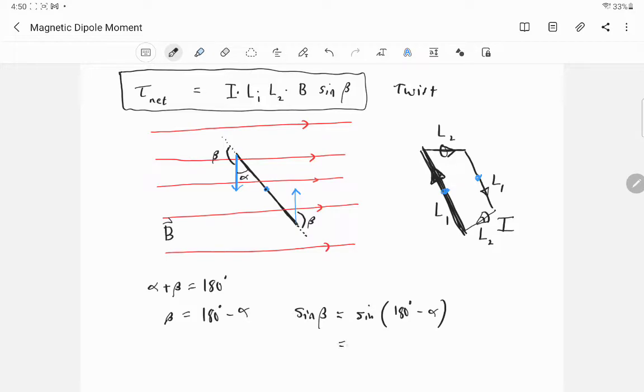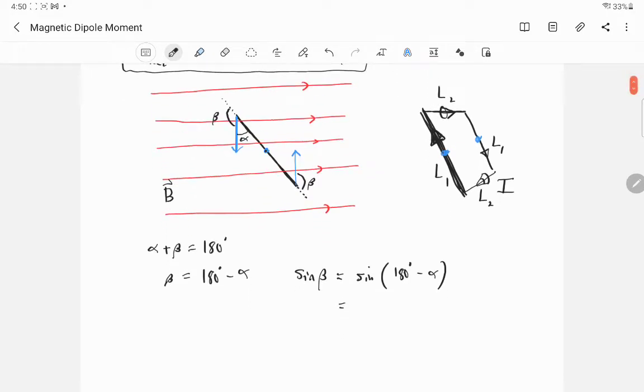And there's a trigonometric relationship that helps me expand the sine of this combination of angles. It turns out it's the sine of 180 degrees times the cosine of negative alpha, plus the sine of negative alpha times the cosine of 180 degrees.